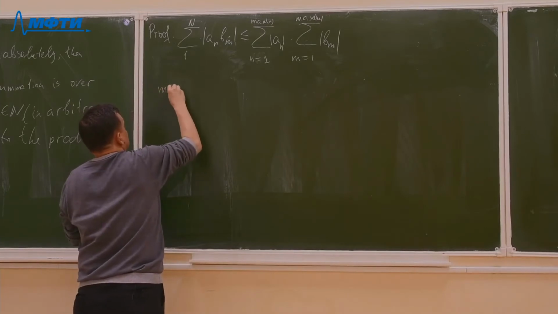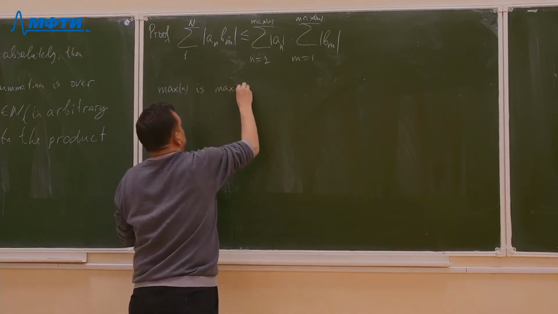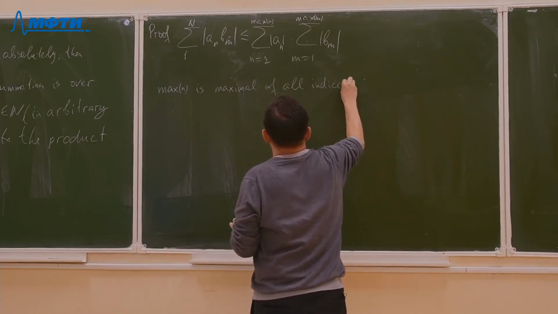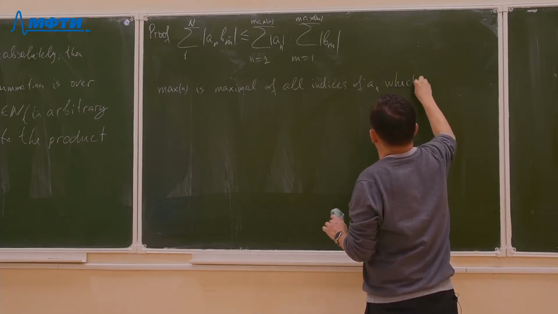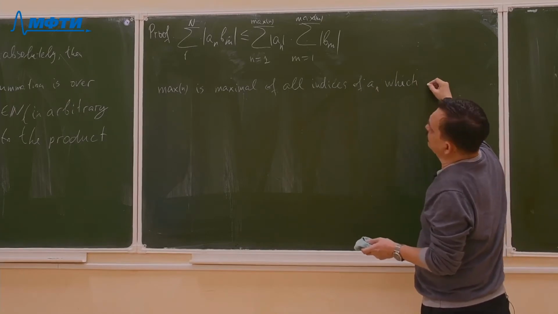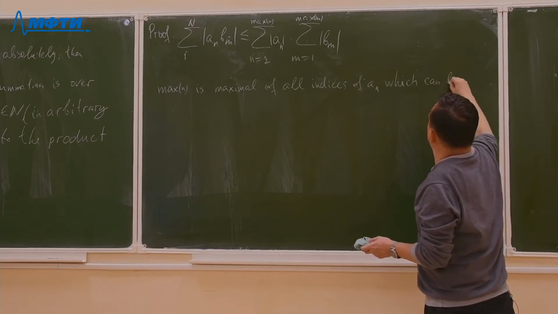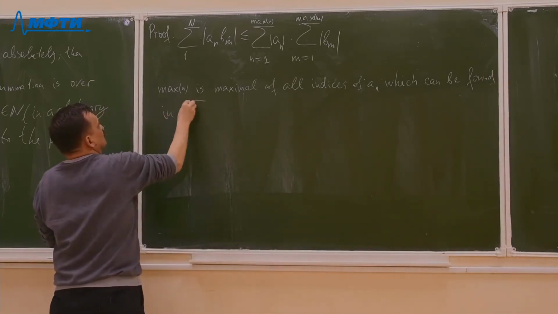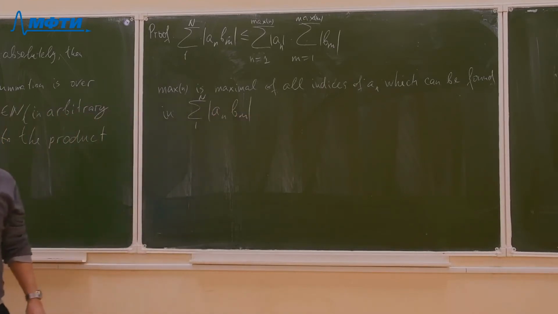Max n is the maximal of all indices of a_n which can be found in the partial sum of our series of A and B.